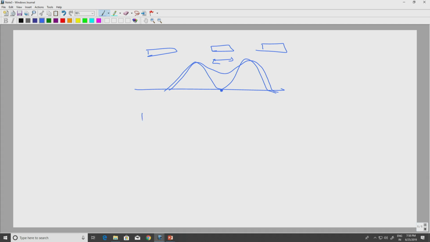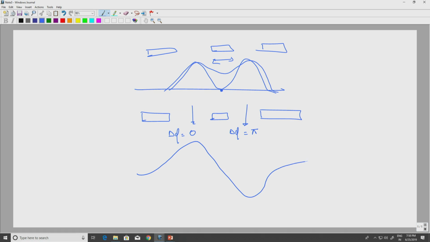So what we are proposing here is, why don't we change the phase of light coming through this opening? Here the phase difference is 0, here the phase difference is pi. That means the electric field will look something like this. This is the electric field, but the intensity will look like this. This is the intensity of light.